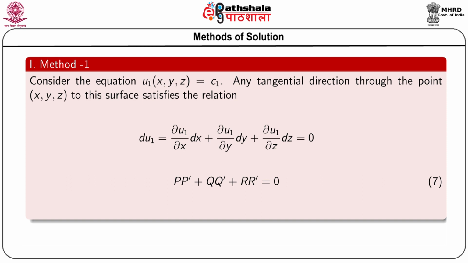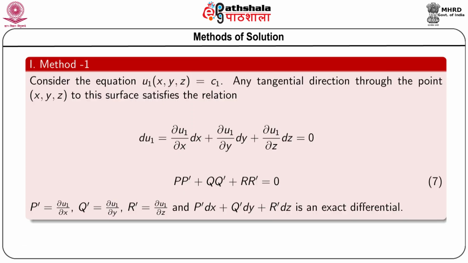Therefore, these dx, dy, dz are proportional to the functions p, q and r. Now, if you assume del u1 del x as the function p dash, del u1 del y as the function q dash and del u1 del z as the function r dash, then this equation becomes p p dash plus q q dash plus r r dash equals 0.